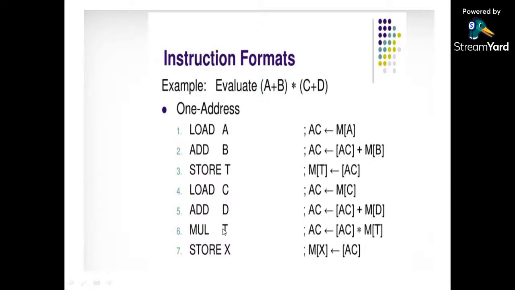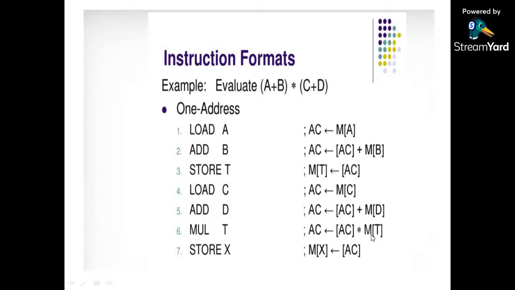Now see what is happening. We already have our data in memory location T, and the accumulator is already having the data. What data is the accumulator having? The result of addition of C plus D. So the next command that we will give is multiply T, or MUL T. What will happen when we specify it?